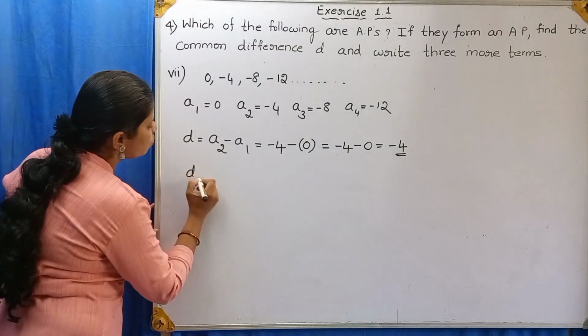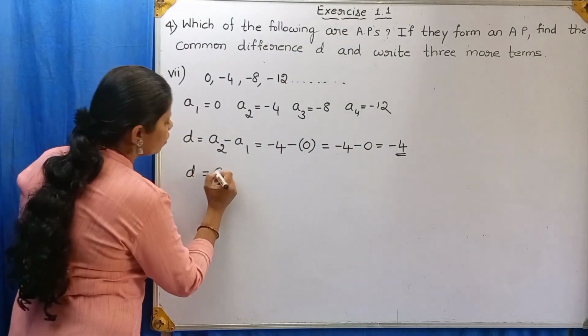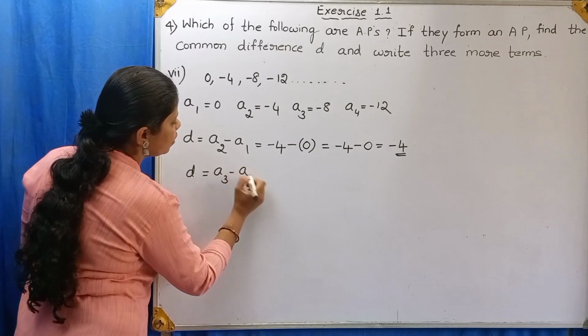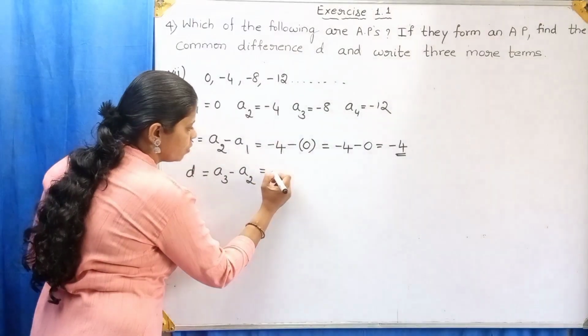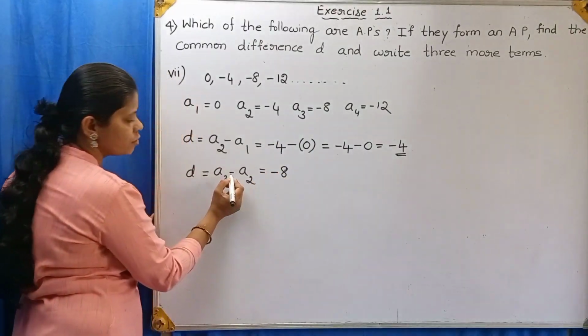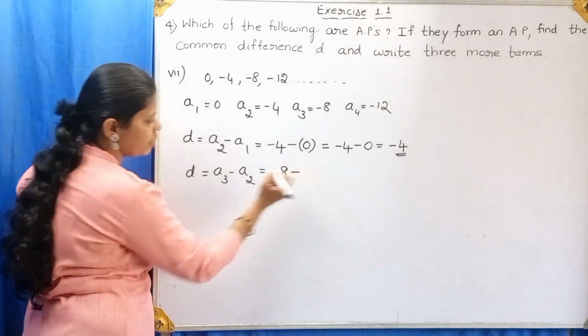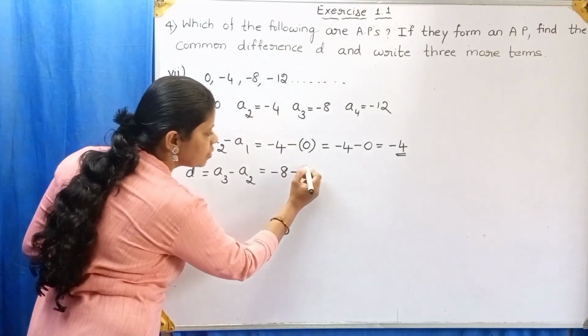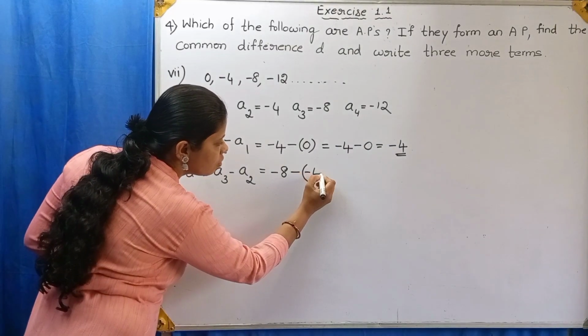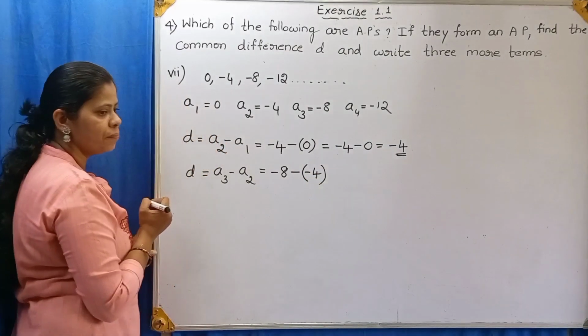Then D is equal to A3 minus A2. A3 is minus 8. Okay. Then for this minus, let me write minus. A2 is what? Minus 4. See carefully. Minus 4. Okay.